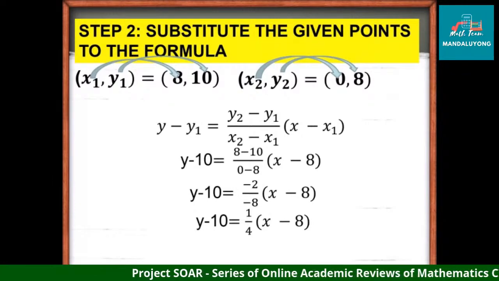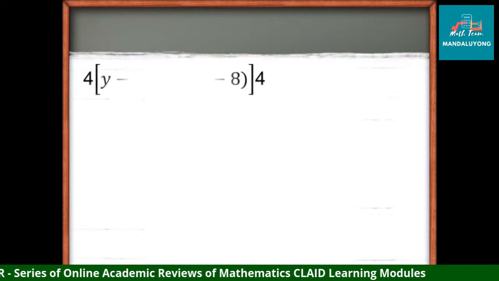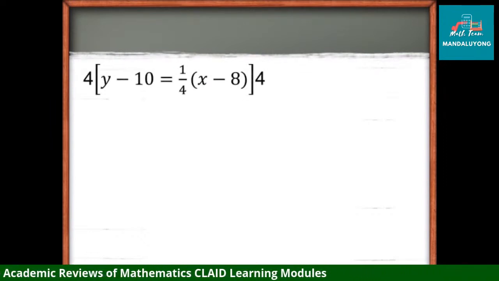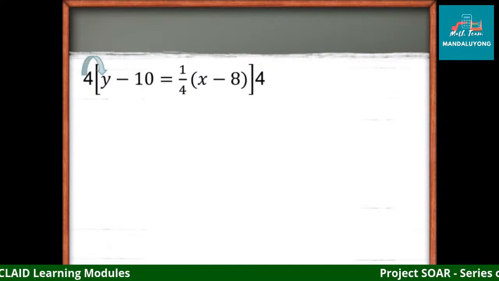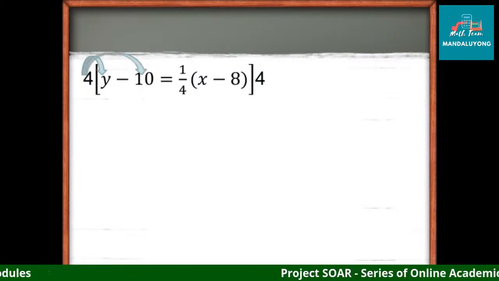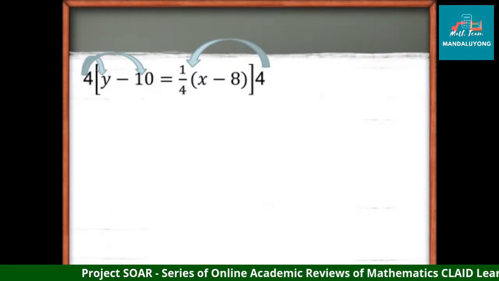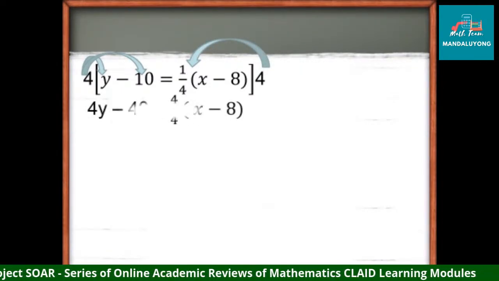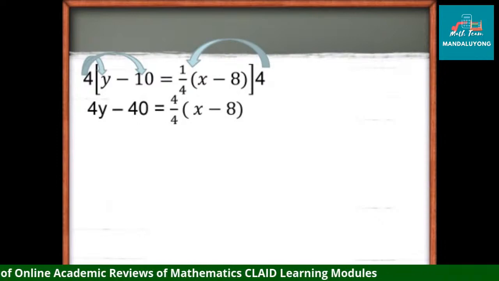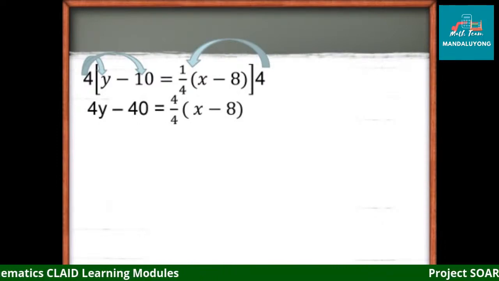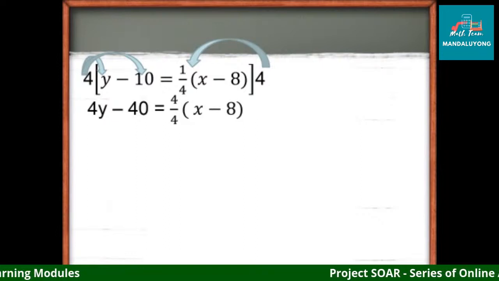Since there is a fraction in our given equation, we will multiply both sides of the equation by 4. We will distribute 4 to y, we will distribute 4 to negative 10, and we will distribute 4 to 1/4. And the result is 4y minus 40 equals 4 over 4, quantity x minus 8.